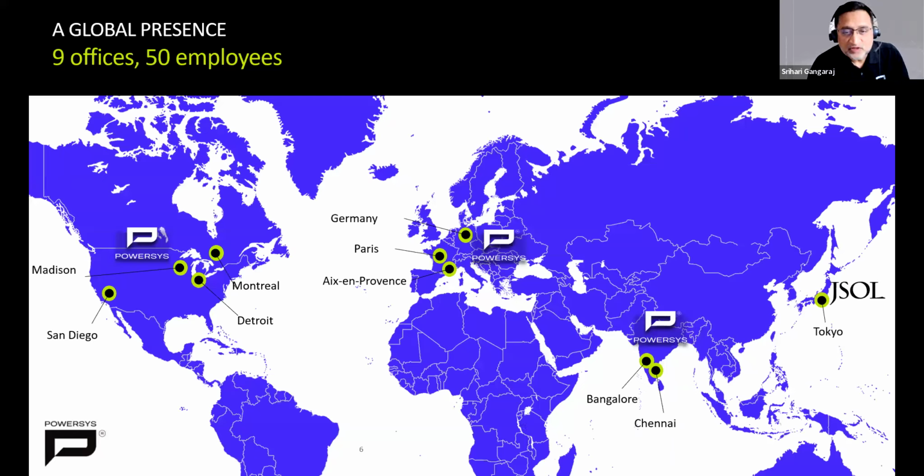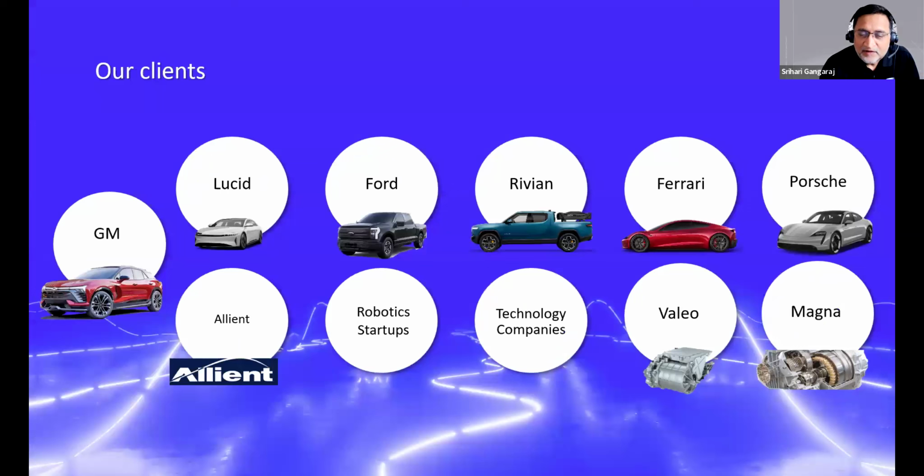We have been around since 2002 and operate in 90 countries with over 50 simulation experts. Next slide. And we have clients in the Detroit area, in Europe, including General Motors, and also many startup companies, technology companies, and companies in robotics, who are all doing electromagnetic simulation either for motors or for other electromagnetic components.